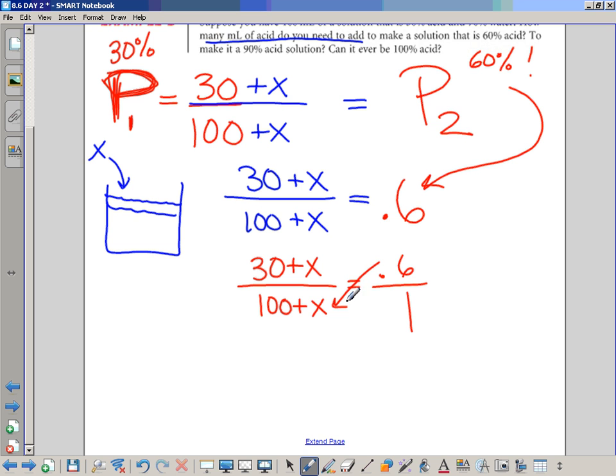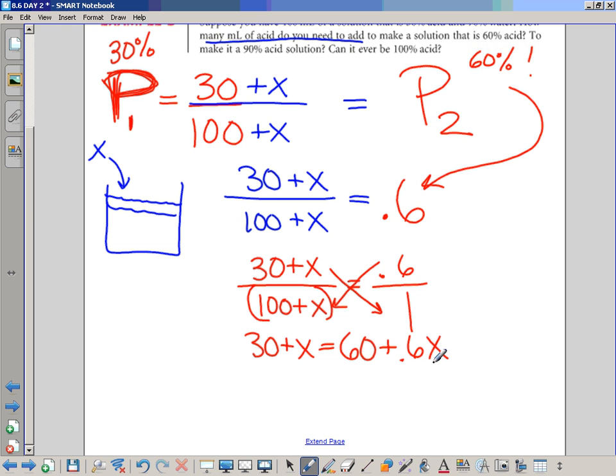We're going to cross multiply. 30 plus X times 1 is 30 plus X. 0.6 times the quantity, 100 plus X, is 0.6 times 100 is 60 plus 0.6X.